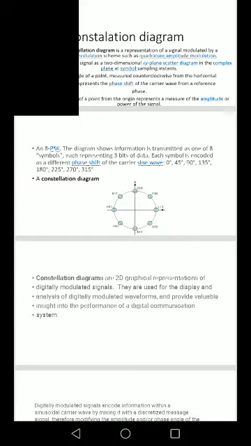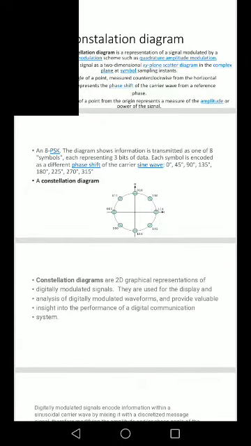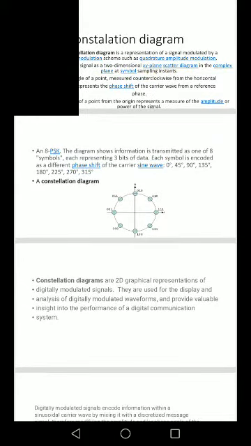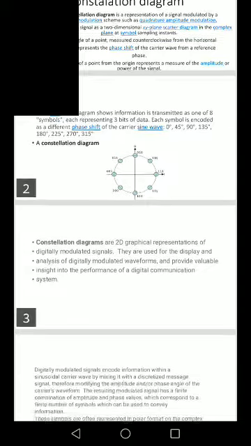Some magnitude will be there: 111 bits at 0 degrees phase shift, 110 at 45 degrees, 011 at 90 degrees, then 135 degrees, 001 shifted by 180 degrees, 000 shifted by 225, then 270, and minus 45. In this way we shift the 8-PSK.